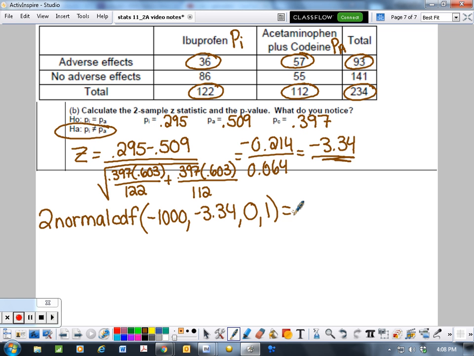And why did I use normal CDF? Well, because it's a z-value, we're dealing with proportions. And then this gives us 0.000, hey, 3 zeros and an 8, 2665, pretty much the same value that we had before. So same results, same idea. And so now you're starting to see crossover on where you can use the same test.